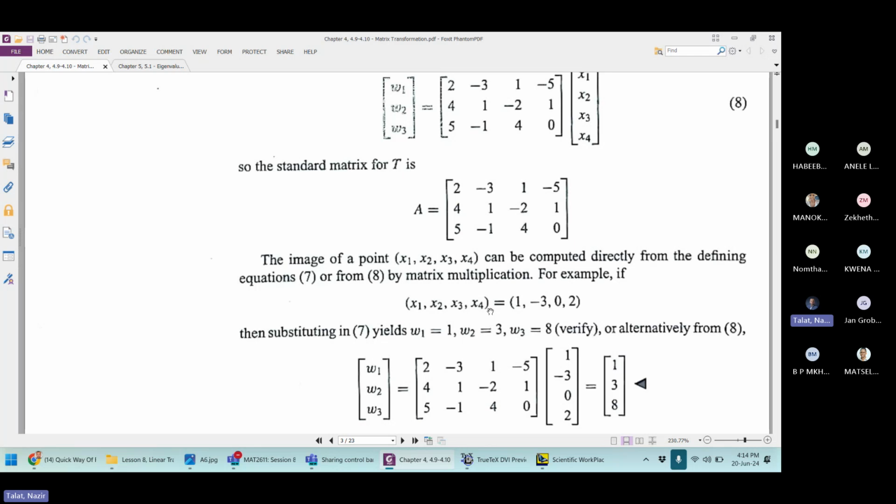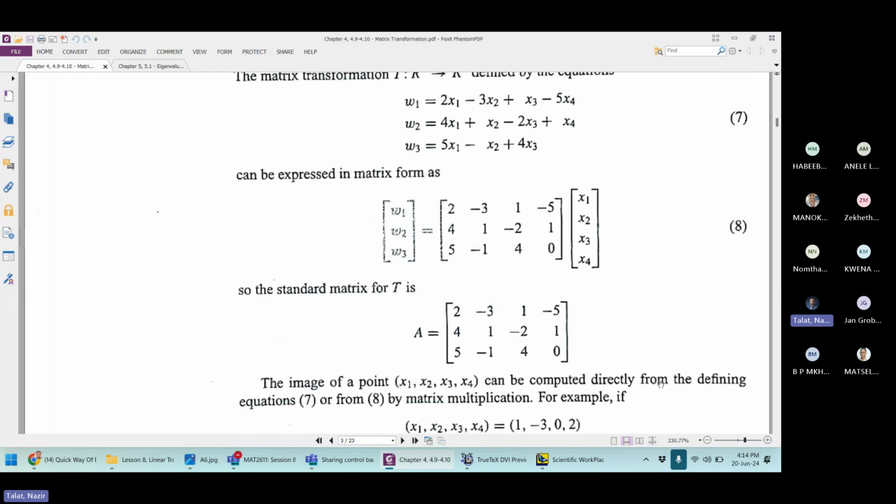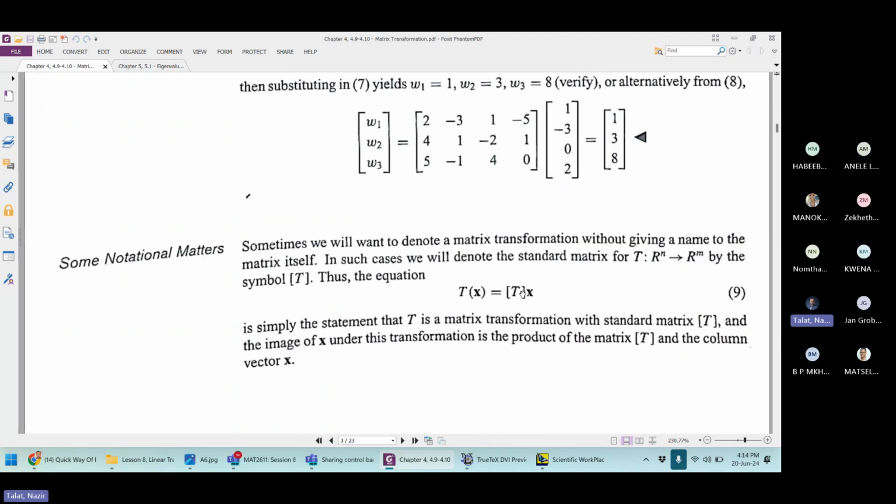It takes elements from R4, and when multiplied with the matrix A, it gives us an element in R3. So this is called a matrix transformation. One thing is very important: in these matrix transformations, there is always a standard matrix, which we can simply get, and this matrix has a variety of important features. Later on we will see that this transformation will always give us a linear transformation, which is a very important tool of linear algebra.